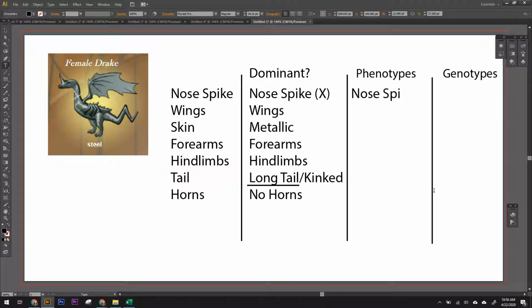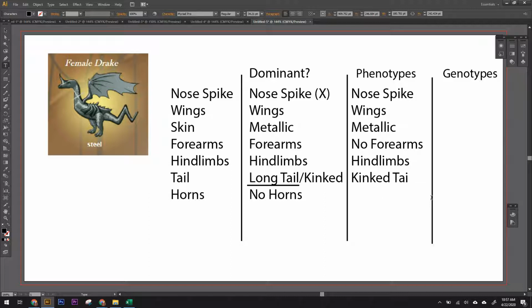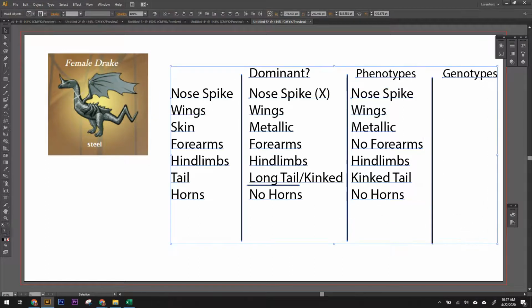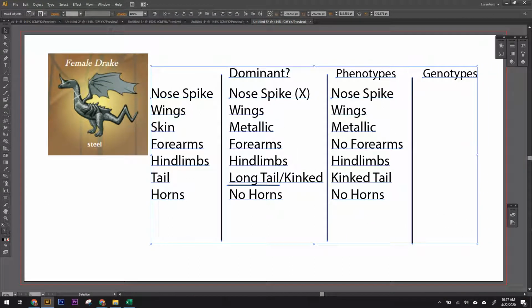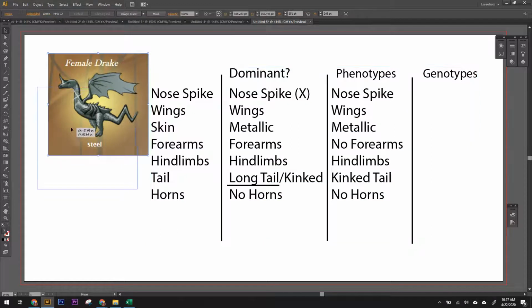She has a nose spike. She has wings. She's metallic. No forelimbs. No forearms. Has hind limbs. Has a kinked tail. Has no horns. So there's actually quite a bit that we're going to need to figure out about this particular female drake.